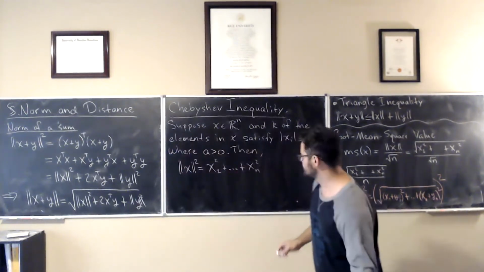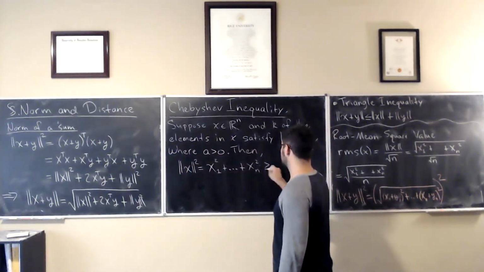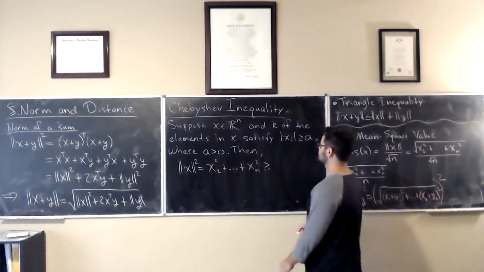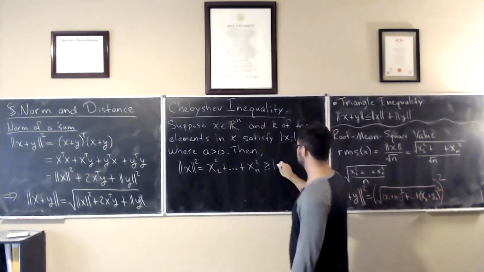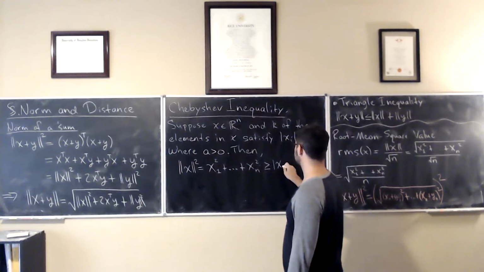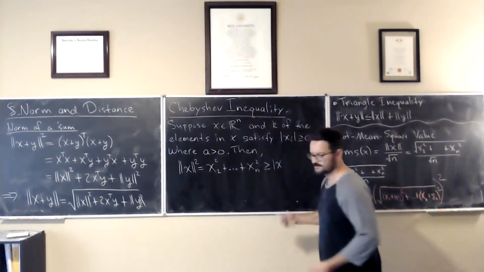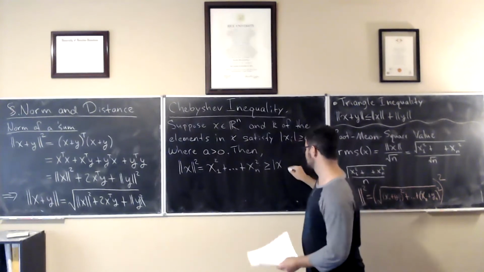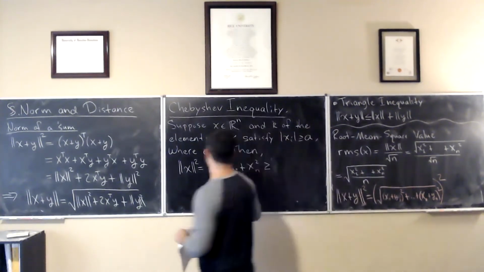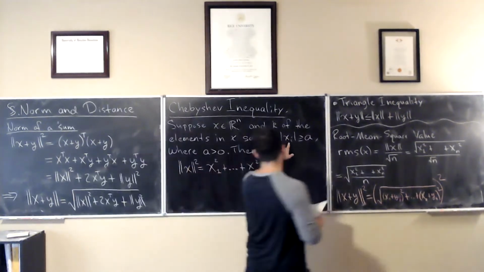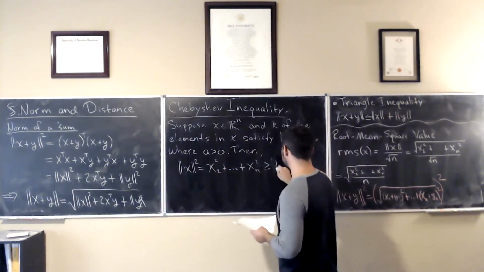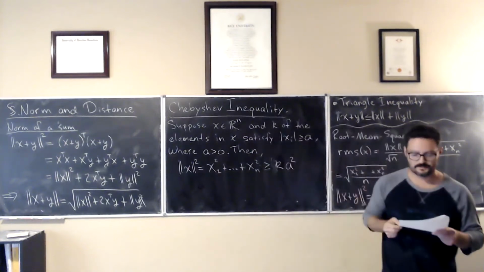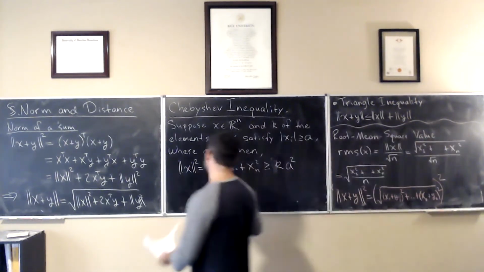But this is going to be greater than or equal to those entries here all squared. I guess the best way to write it is that somewhere in there, you're going to have those k entries that satisfy this, and the square of those is like taking the square of this, and this is all greater than or equal to k times a squared. Okay, and I'll give you a reason that should make sense.